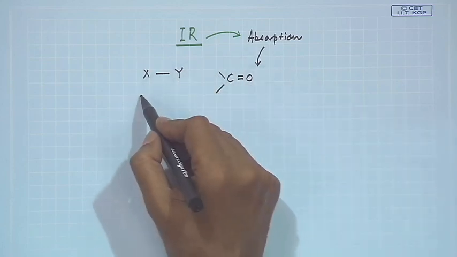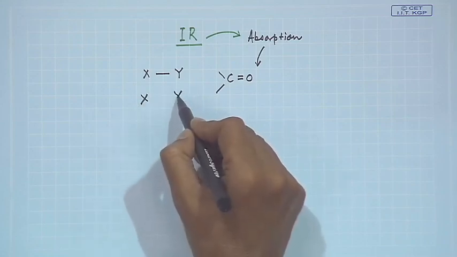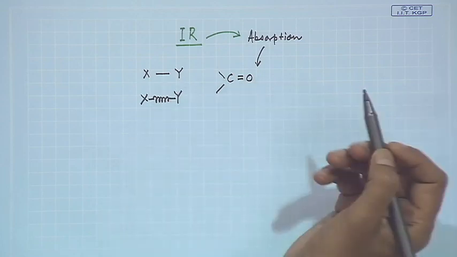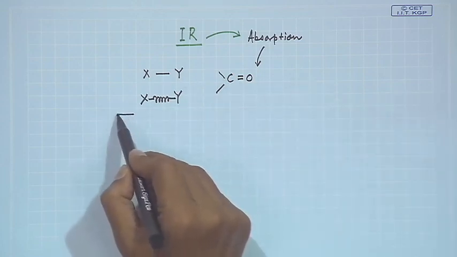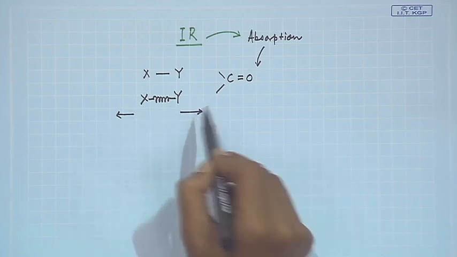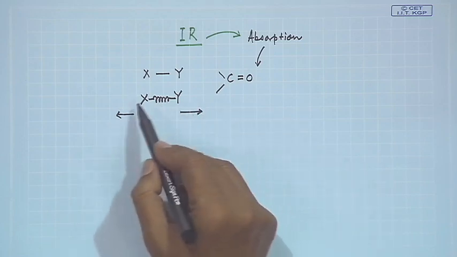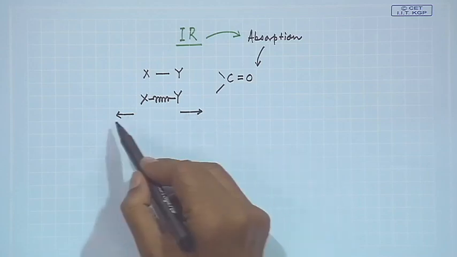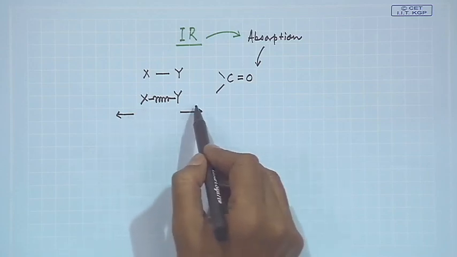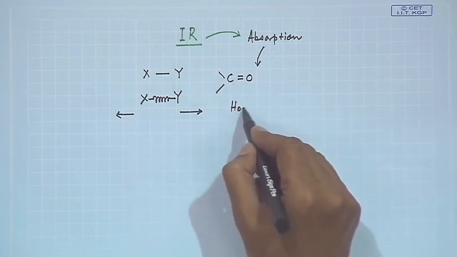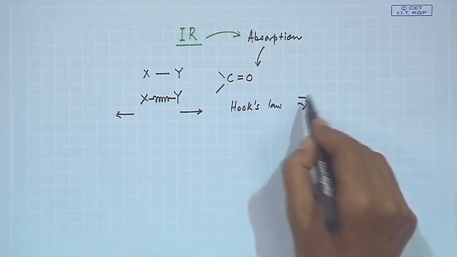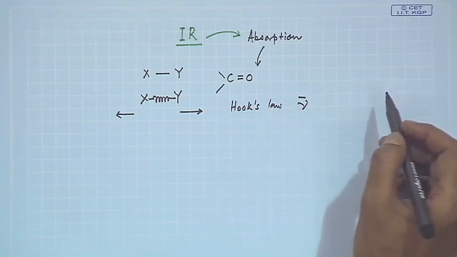So, how it looks like: X is attached to Y, and if that is attached to say some spring type of thing, and if we try to elongate this bond, because this is the corresponding equilibrium internuclear distance, and if we try to stretch them, we get some frequency for that, and that particular one by Hooke's law we can find out something which we call nu bar, or the wave number unit.